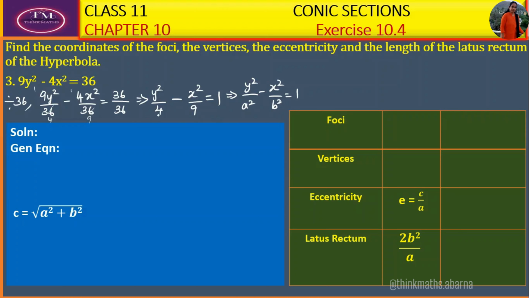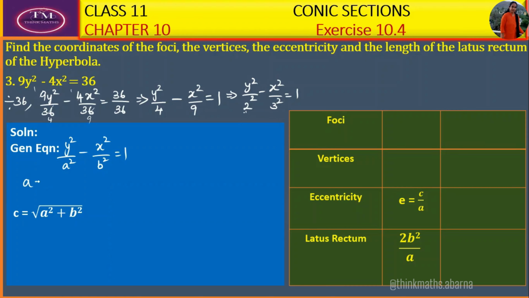So here 4 can be written as 2 square and 9 can be written as 3 square. So the general equation is y square by a square minus x square by b square equal to 1. So if you compare these two equations, the general equation and the given equation, we find a is equal to 2.